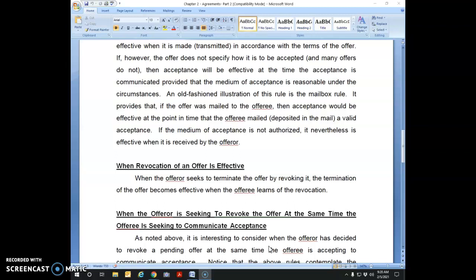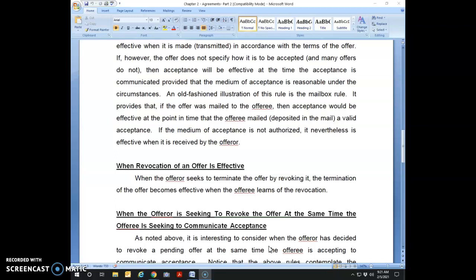The way we can set this question up is this. We have a valid offer that's pending, and we have an offeree who has decided to accept the offer. If we could get a little bubble over that person's head in the picture, it would be, you know what, I'm going to accept the offer.